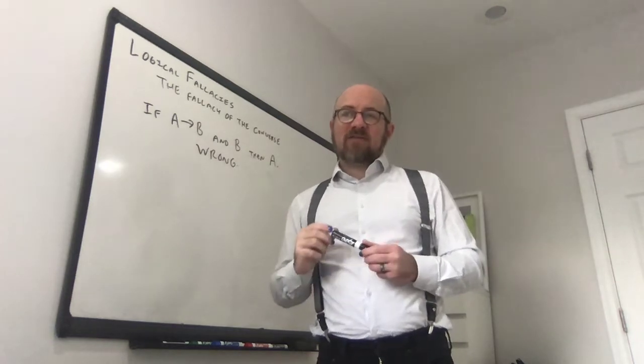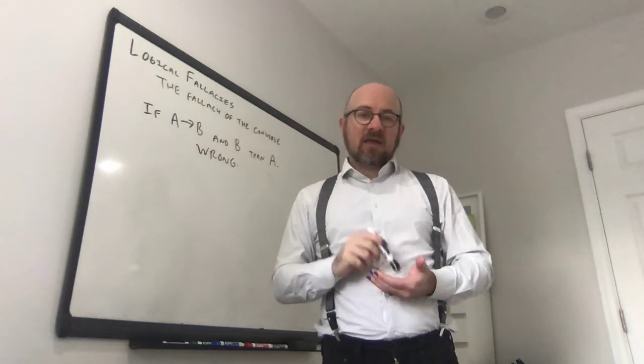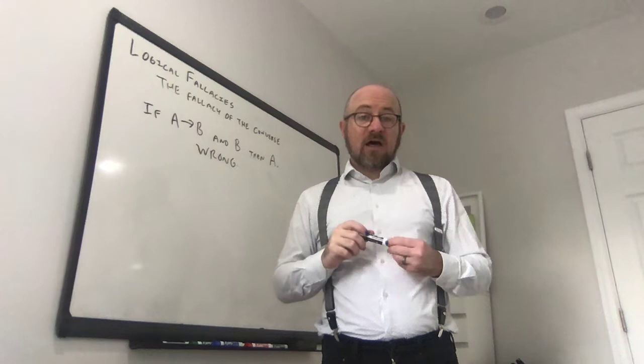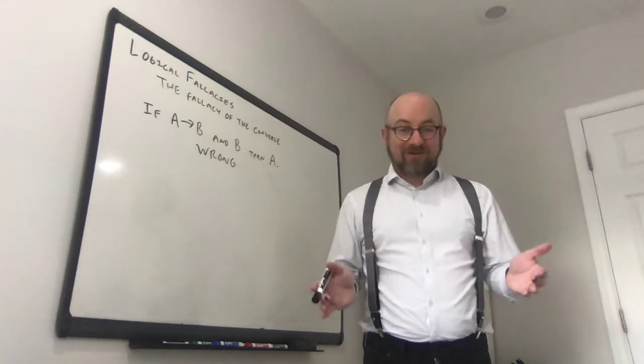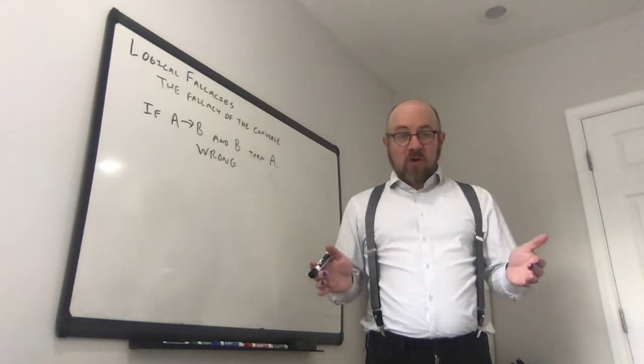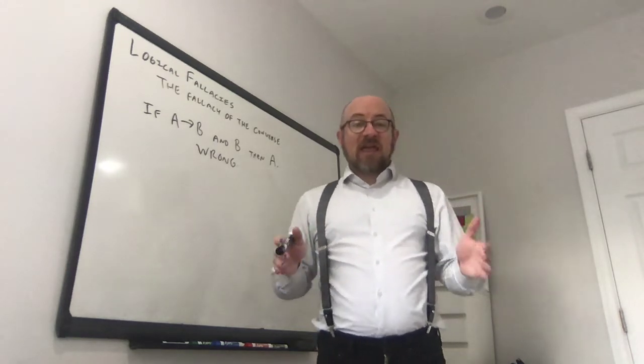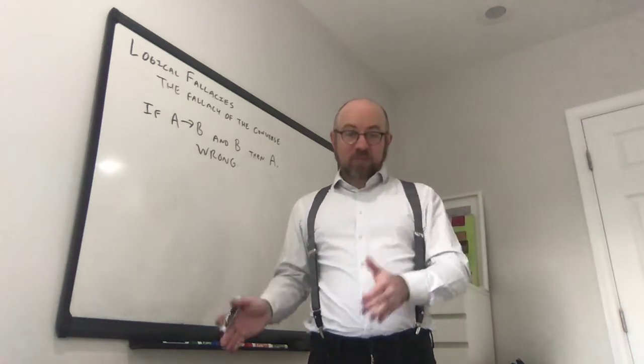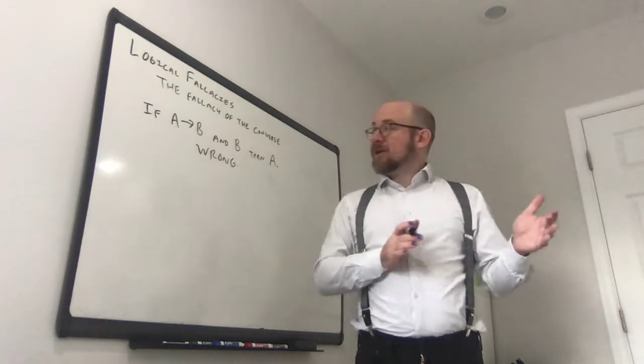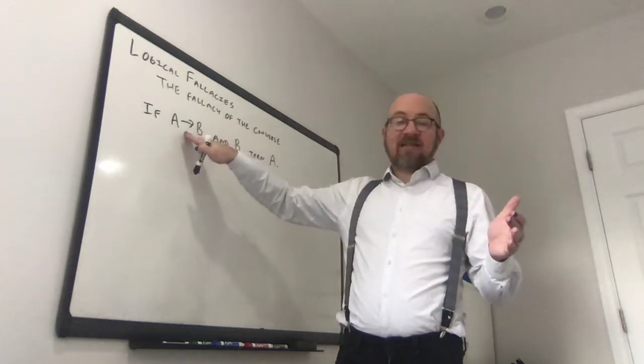So if you think back to the example we had in the previous videos, if you bought it somewhere else, you paid too much. What the people who are saying that want you to assume is that if you paid too much, then you bought it somewhere else, right? But that's exactly this fallacy.